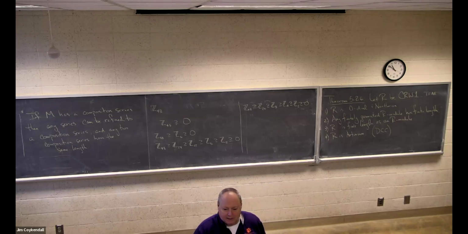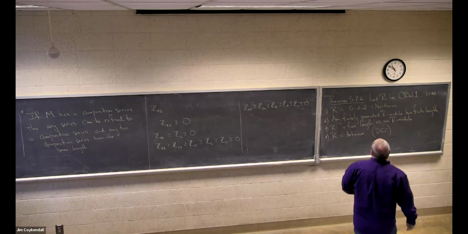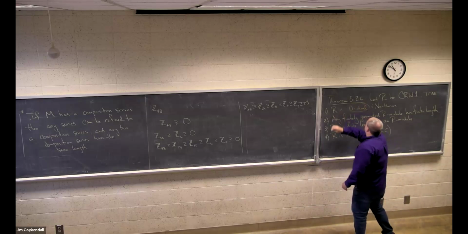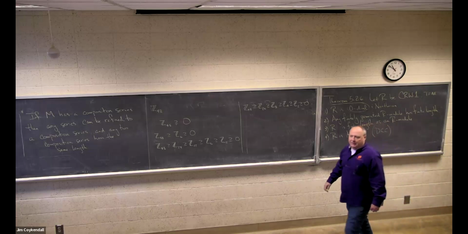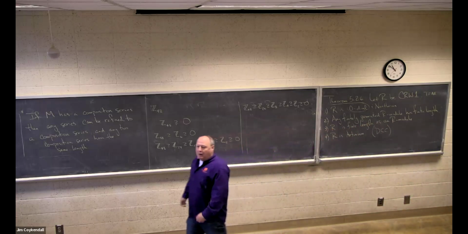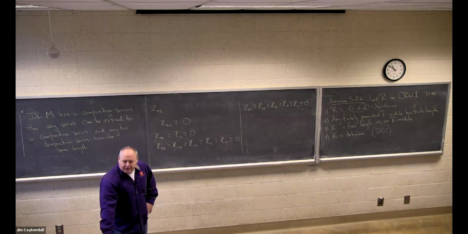And Mr. Bradley actually showed it for Artinian. He said, oh, look, I can do it for Artinian. And that's true, so he got something. And this is even more general. You don't even need that, you only need zero dimensional to get that. By the way, my hint on that problem is think of that one locally. Think locally and act globally. Sounds like a bumper sticker, doesn't it?